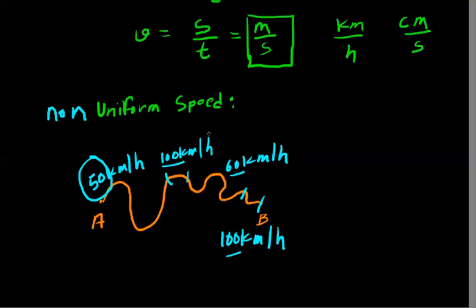On the other hand, if the body is traveling with the same speed, now remember we said from point A all the way up to this point over here, the speed of the car is 50 kilometers per hour.